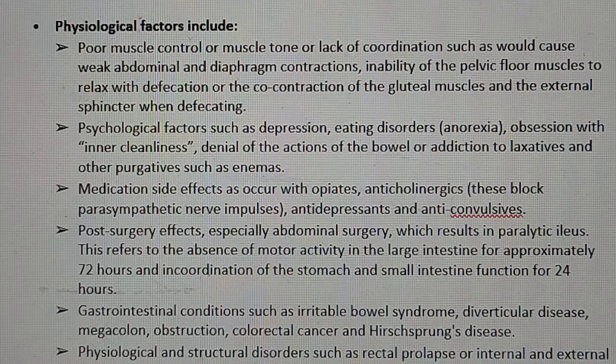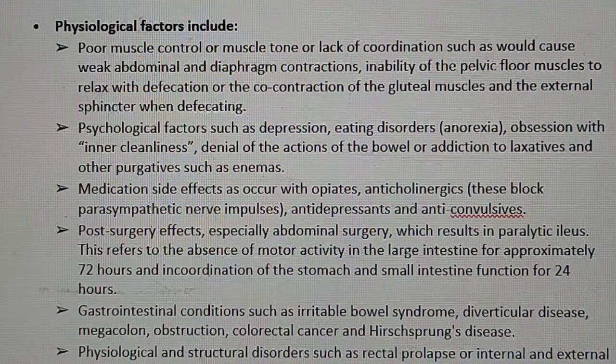So there are sphincters externally, at the anus, while you defecate or move the bowel. So these are factors affecting constipation.